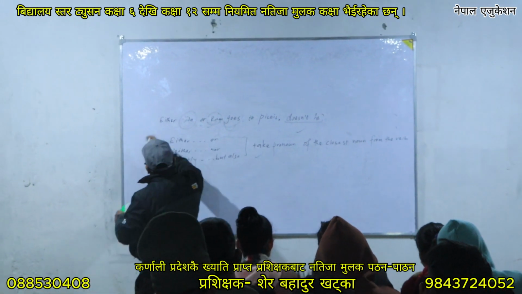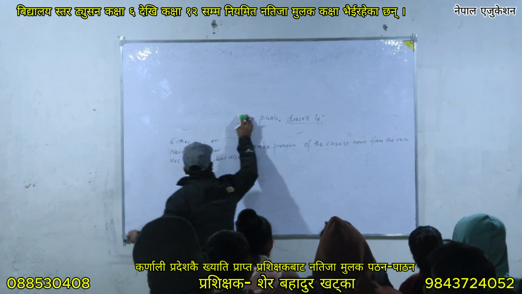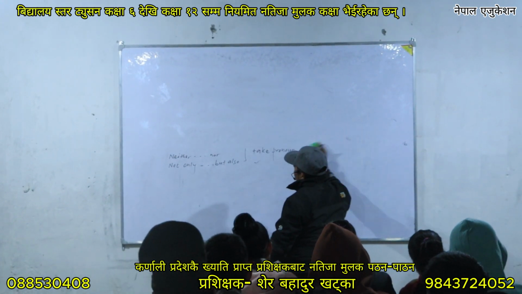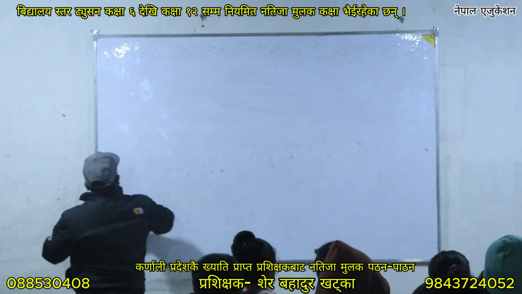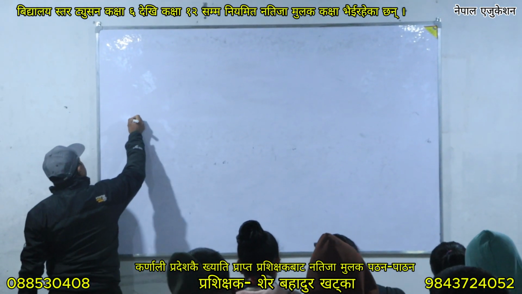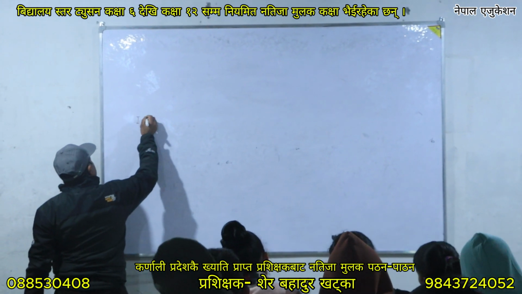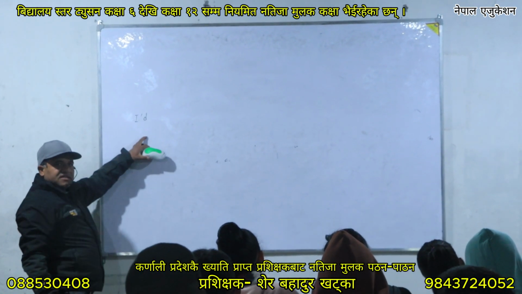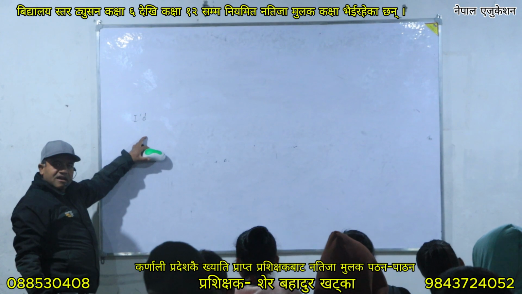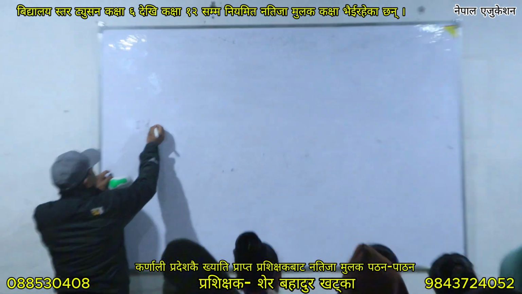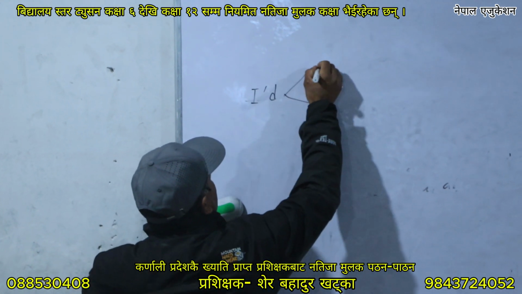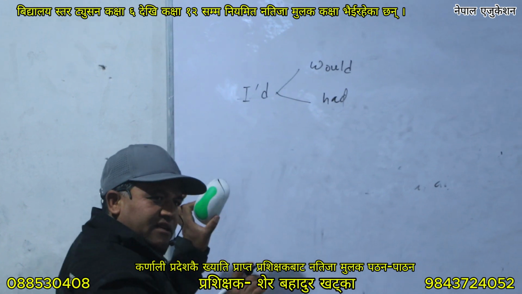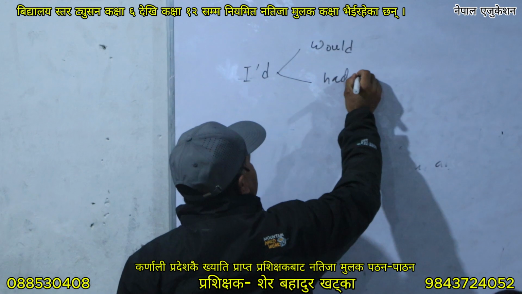Next one, know this. Next one is, suppose, this is, act. What is act? It could be would also, it could be had also. You know that? If it is had, there is what?